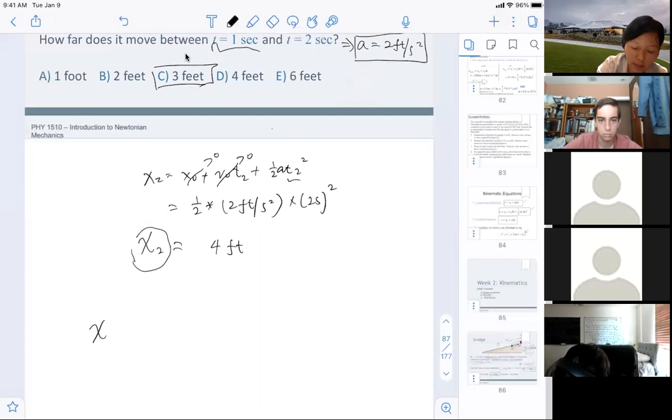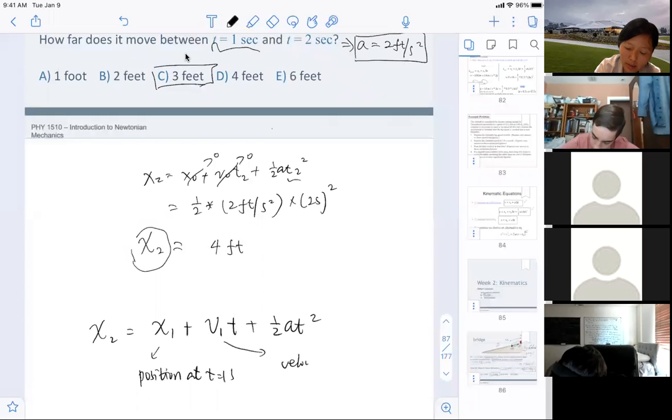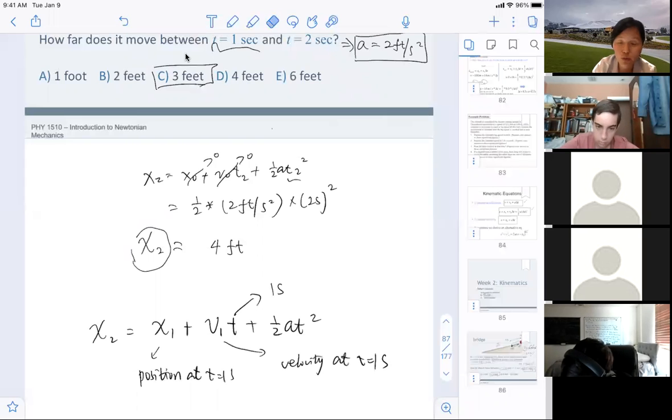You can say, well, x2 is equal to x1 plus v1 t plus 1/2 a t squared. So in this case, x1 will be the position of the ball at t equals 1 second, and v1 will be the velocity of the ball at t equals 1 second. And the total time from 1 second to 2 seconds is 1 second. You can see that 1 second had passed by. So you could do it that way.